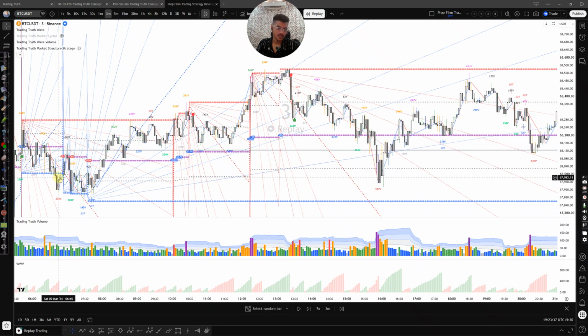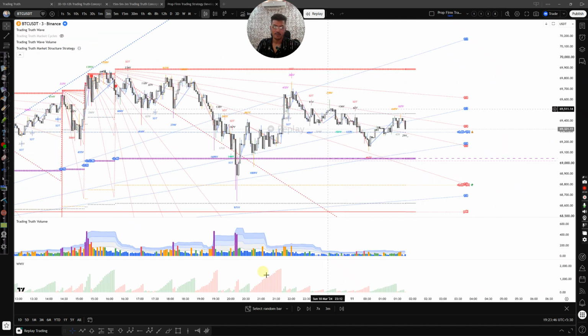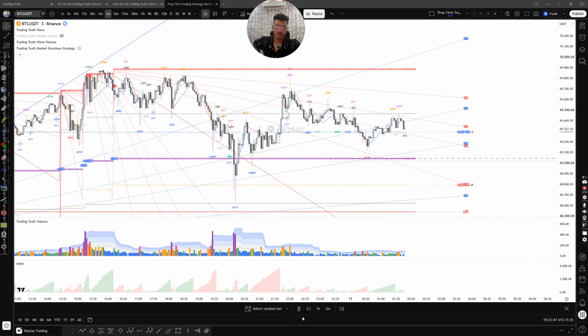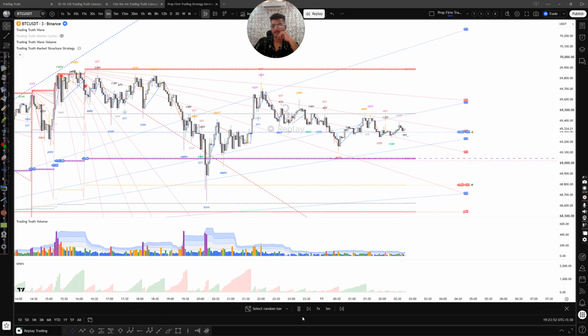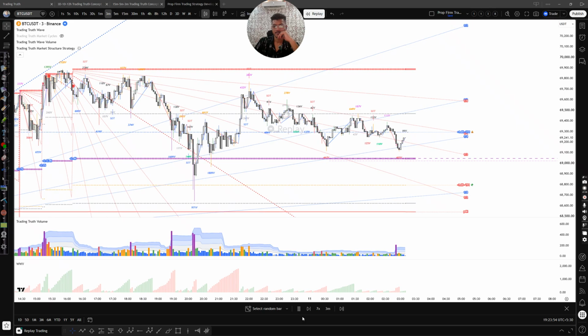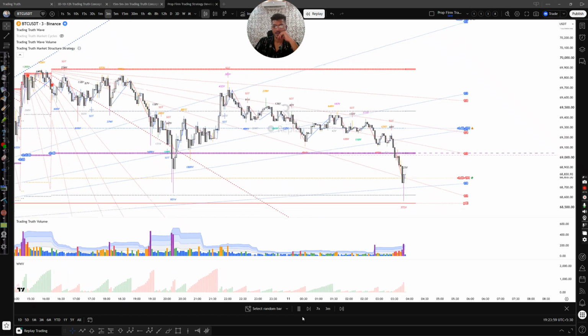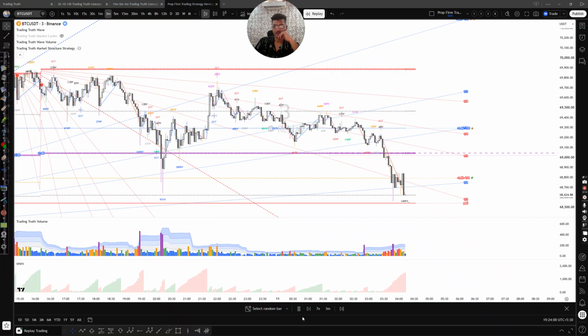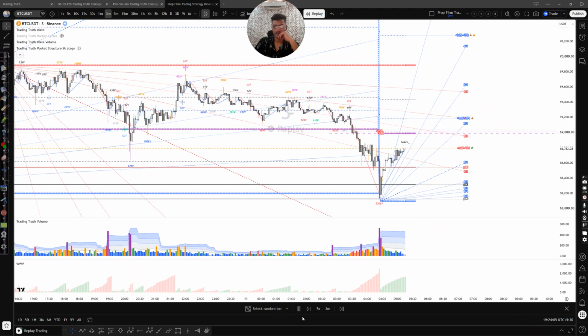Okay, and the close is above the previous low. Okay, so let's move forward and see how it's working. All right, so it's coming down. Previous day high.